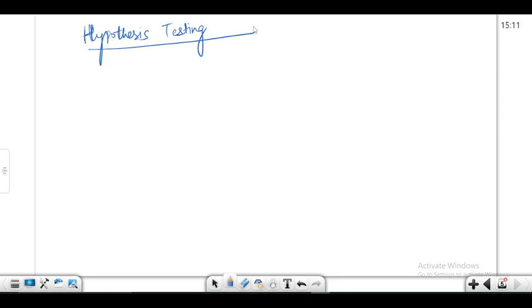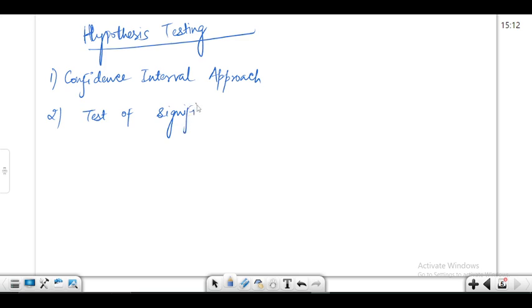So basically we use two approaches, and we'll be talking about these two approaches only. The first approach, which we have already discussed in the previous videos, is the confidence interval approach, and the second approach is the test of significance approach.